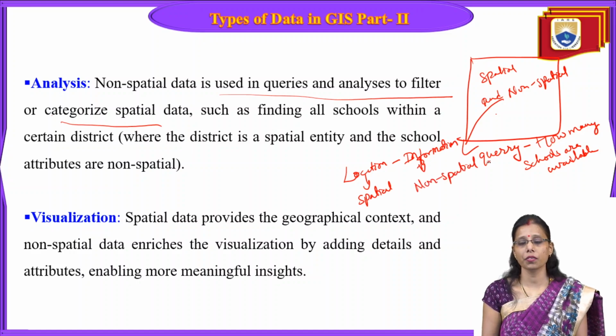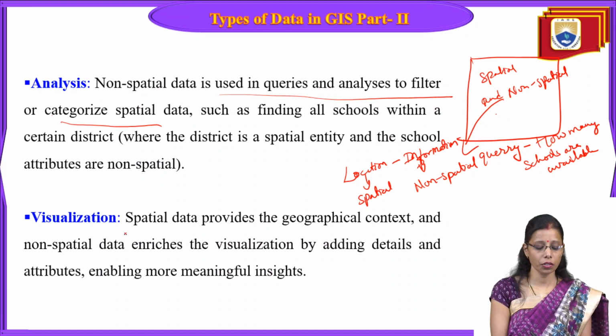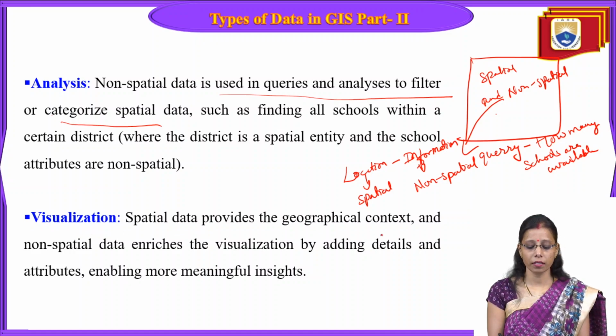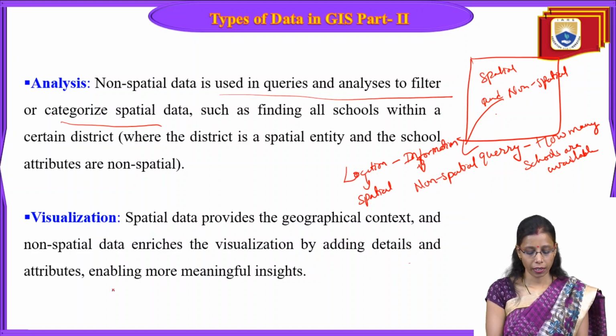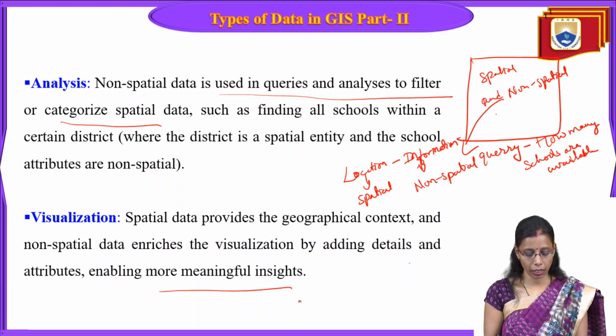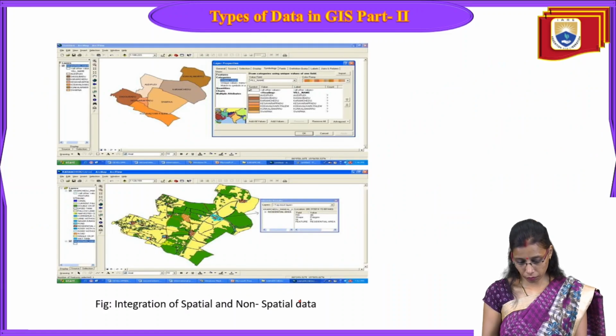This is how we can do analysis once the data is fed in the software. Next, visualization. Spatial data provides the geographical context, and non-spatial data enriches the visualization by adding details and attributes, enabling more meaningful insights. This is how the integration happens.